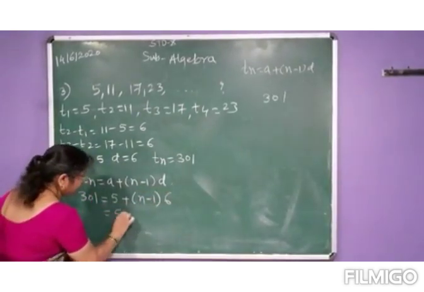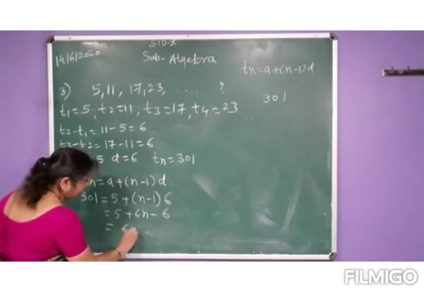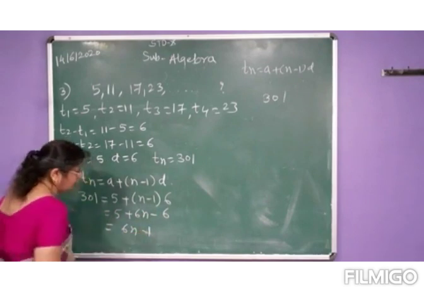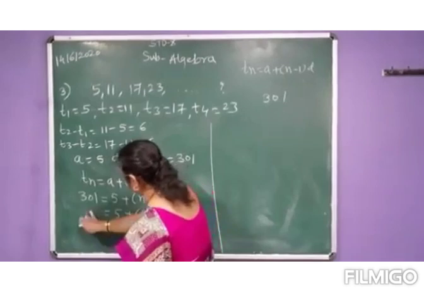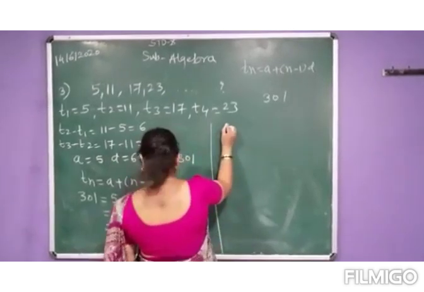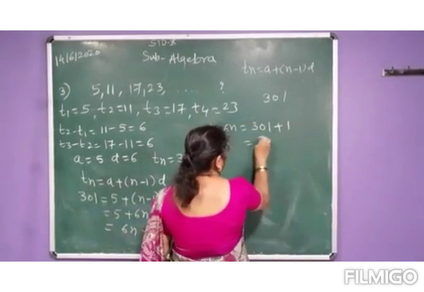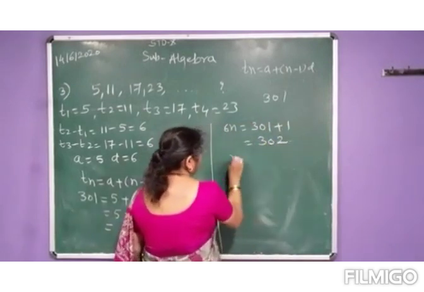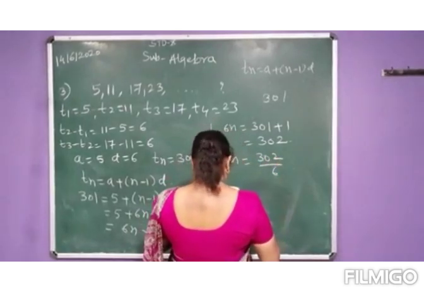Now here, 5 plus 6n minus 6. So 6n, 5 minus 6 is minus 1, correct? Now that 1 I will transfer over here. So 6n is equal to 301 plus 1, that is 302. n is equal to 302 upon 6.